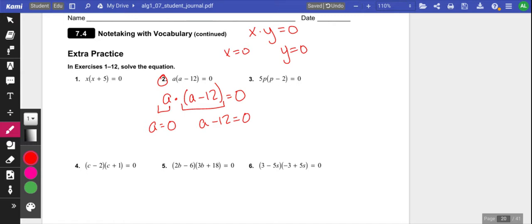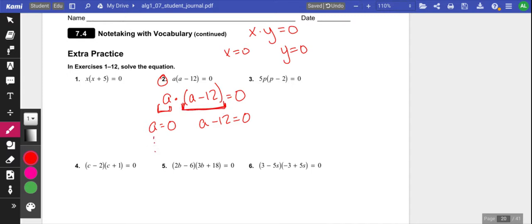So you're going to break apart each little piece that's being multiplied together, and set each one of them equal to 0. This a is equal to 0, and the a minus 12 is equal to 0.